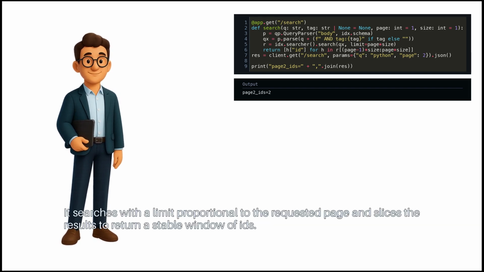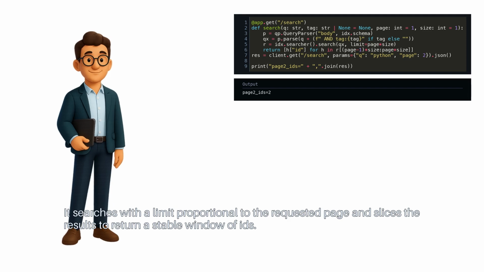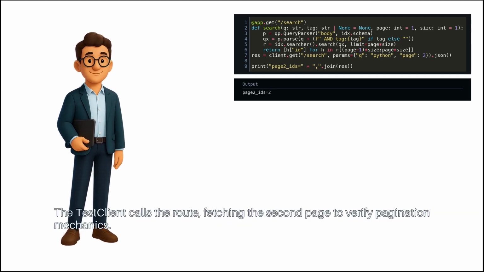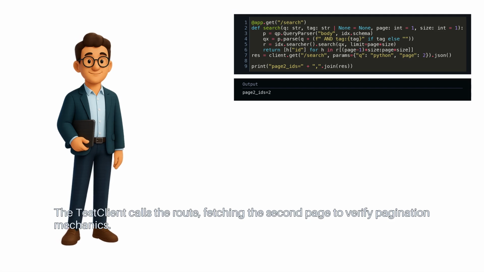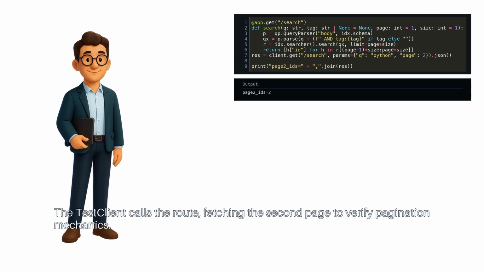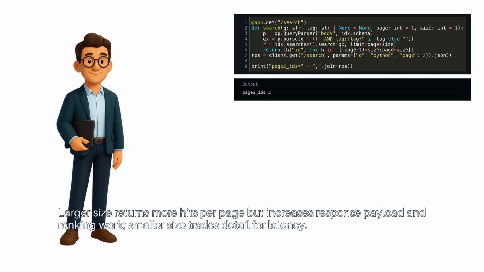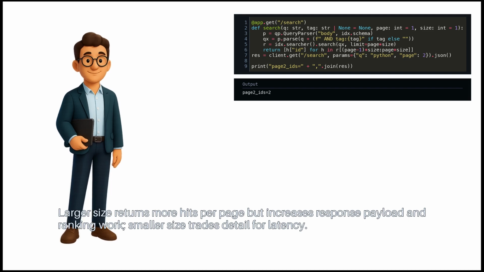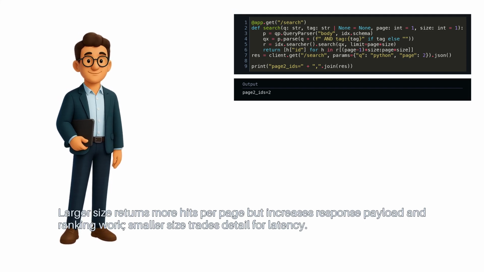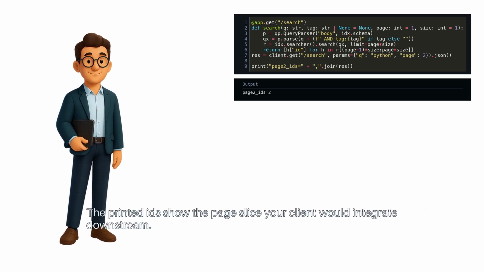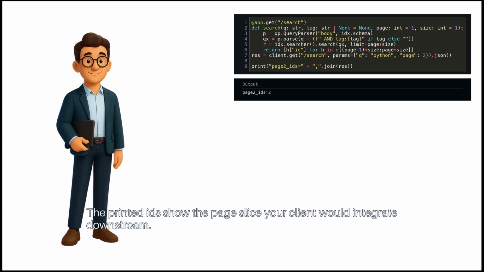It searches with a limit proportional to the requested page and slices the results to return a stable window of IDs. The TestClient calls the route, fetching the second page to verify pagination mechanics. A larger size returns more hits per page, but increases response payload and ranking work. A smaller size trades detail for latency. The printed IDs show the page slice your client would integrate downstream.